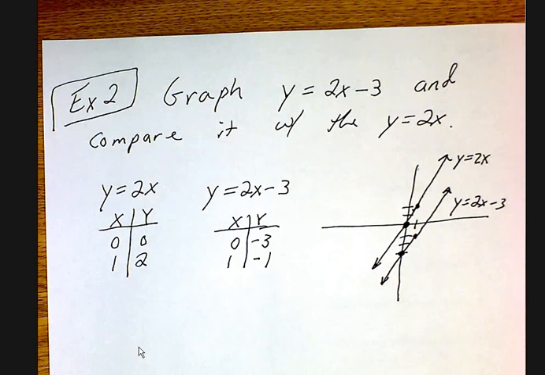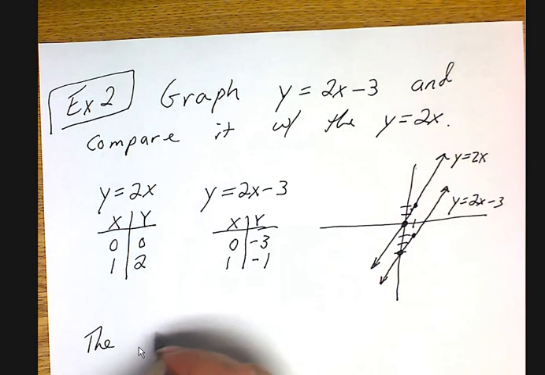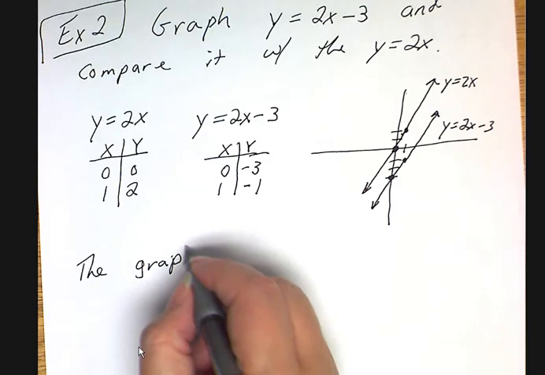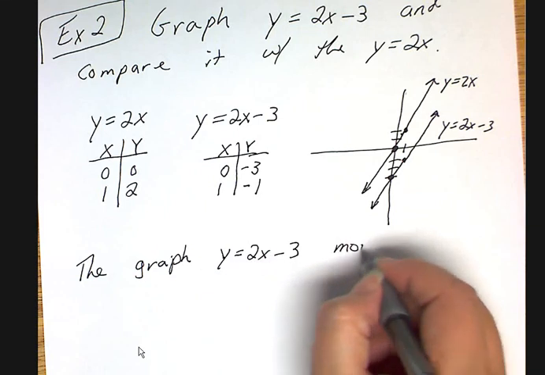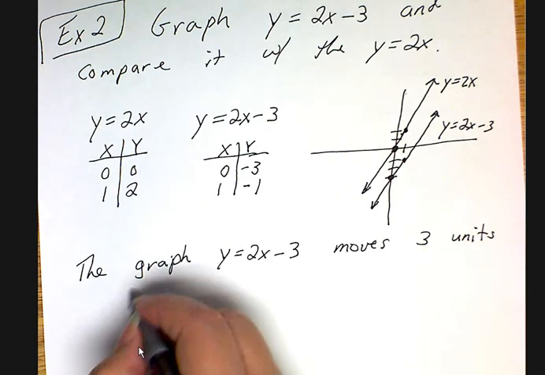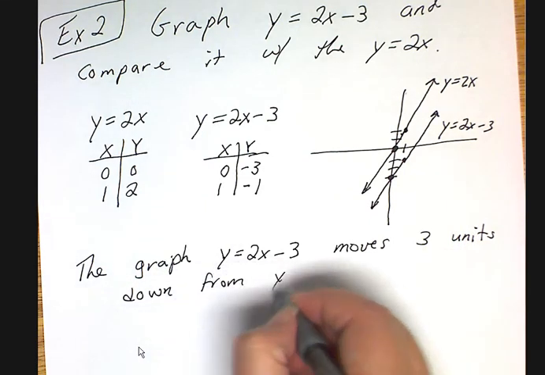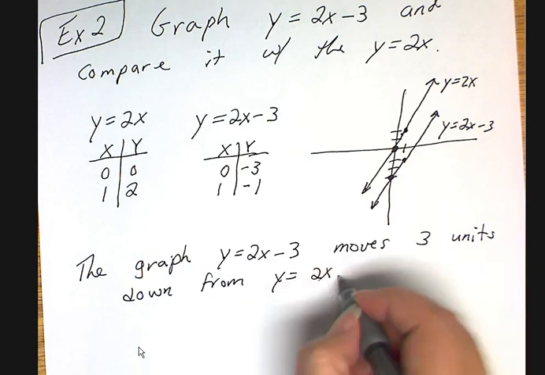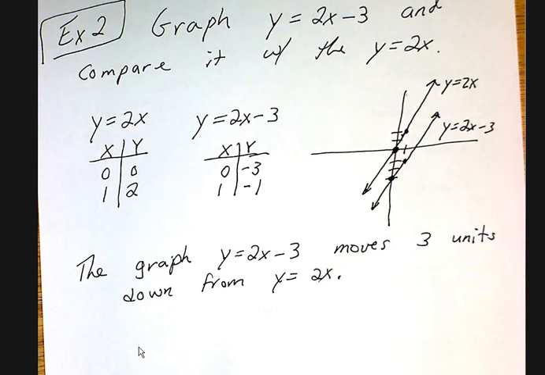So the one thing we can say is the graph y equals 2x minus 3 moves 3 units down from y equals 2x. Does anybody know what these two lines are called, Nick? They are parallel lines, yes.